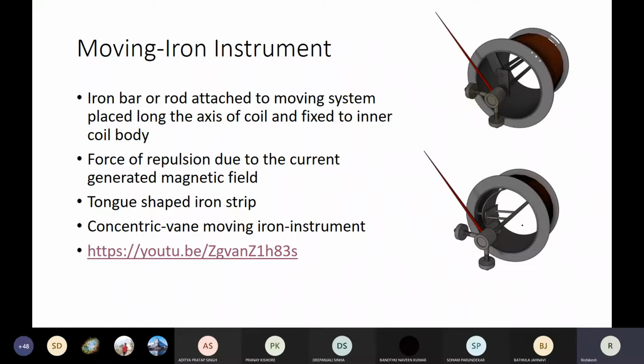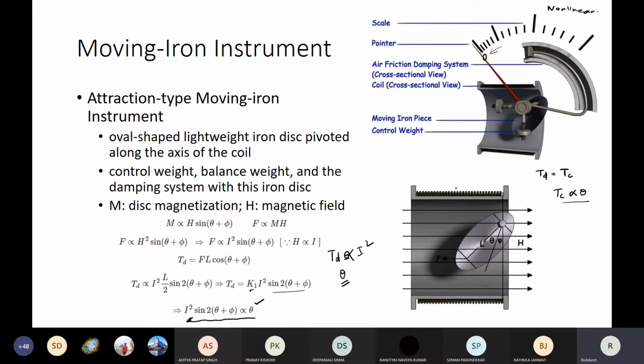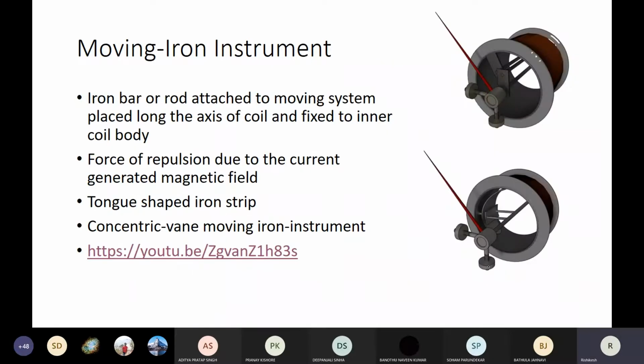Since both are going to get magnetized by the same magnetic field, there will be a force of repulsion between these two strips, which will cause the rotation of the pointer. Again, similar to the previous one, these two are nothing but counterweights. So one can also consider it like a concentric vane moving iron instrument.